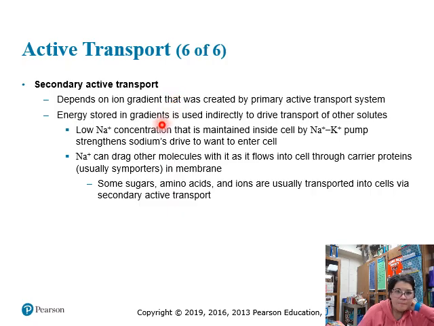So, the low sodium concentration that is maintained inside the cell strengthens sodium's drive to want to enter the cell. So sodium can drag other molecules with it, and that would be the symporter if they're coming in with it. So that would be like sugars, amino acids, they come along while the sodium is doing its primary active transport process.